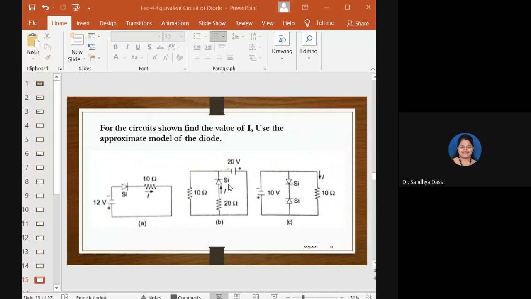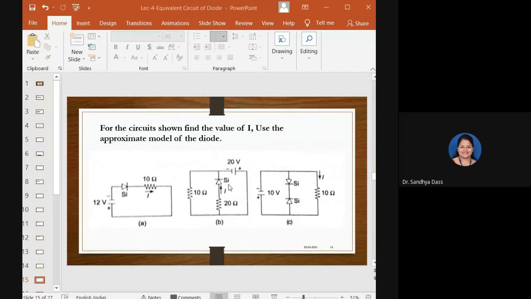So it will be 0.7, 20 minus 0.7 by R. So I will be equal to 20 minus 0.7 by R, which is 20. Isn't it? Am I right? I is equal to 20 minus 0.7 by 20. Am I correct there?